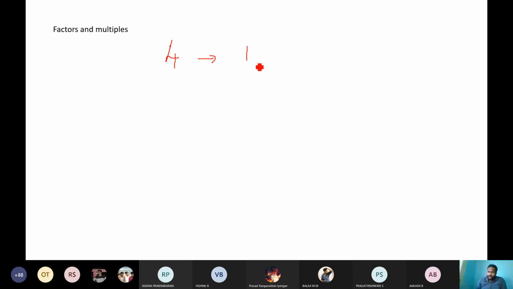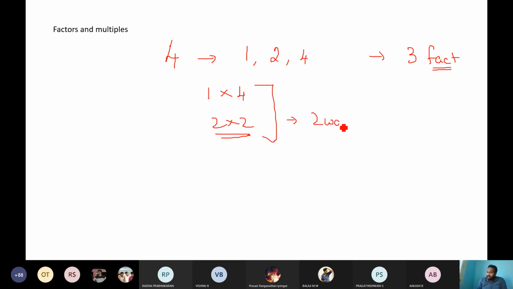It is 1, 2, and 4, which means there are 3 factors. But in how many ways can I write 4 as a product of 2 numbers? I can write it as 1 into 4 or else 2 into 2 also. So 2 ways. But if I divide 3 by 2, I'll have 1.5. So this 0.5 is also considered as 1. So 1 plus 1, 2 ways.